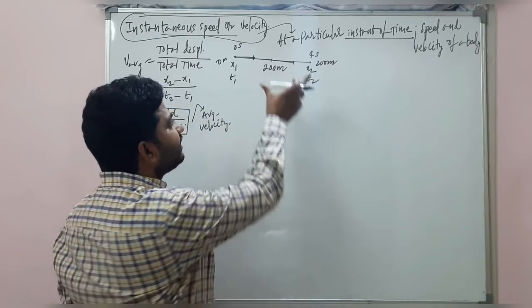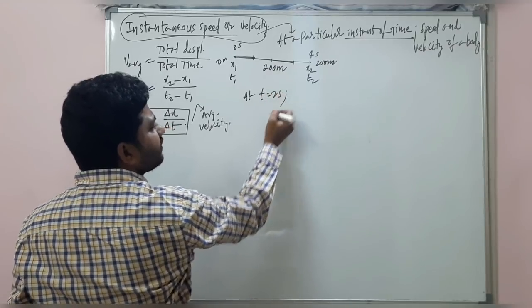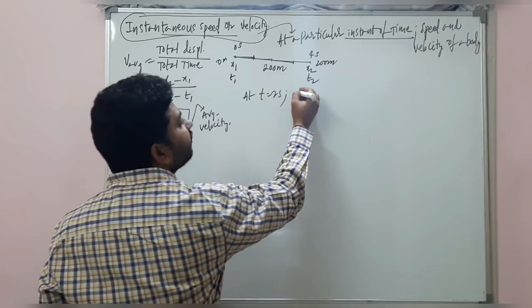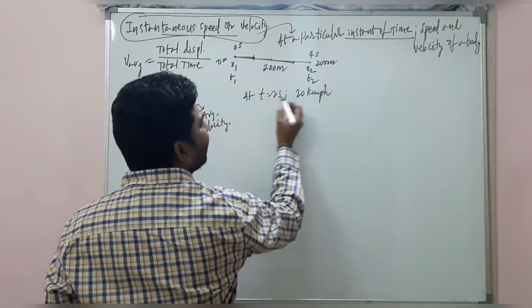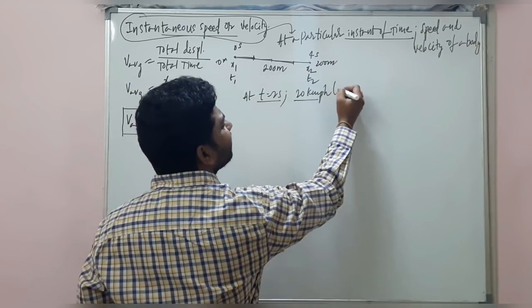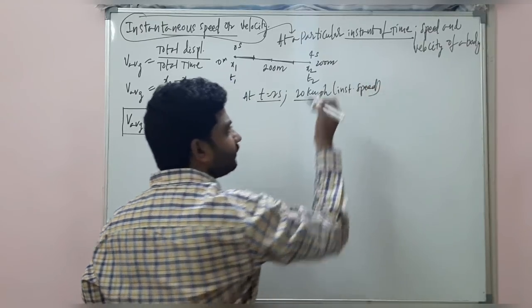For example, in this case, at 2 seconds, the body is moving with 20 kilometers per hour. So at 2 seconds, this is called instantaneous speed.